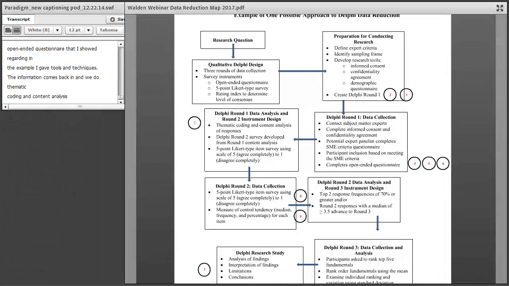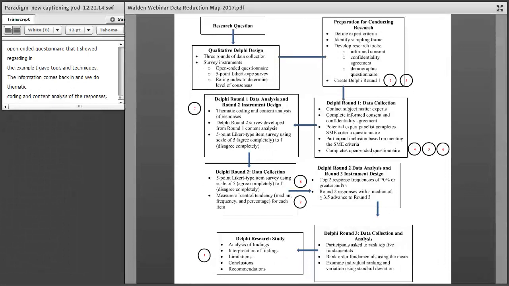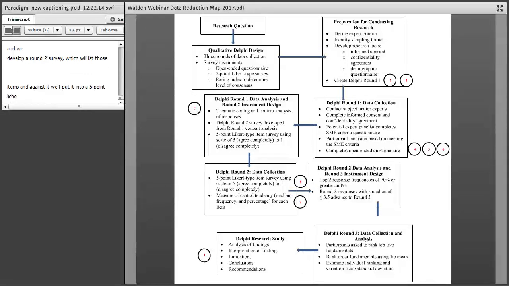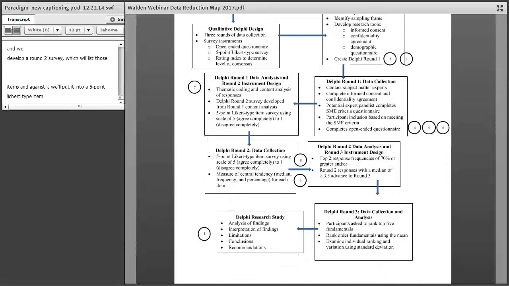and we develop a round 2 survey, which will list those items, and we'll put it into a 5-point Likert type item or survey format, and we will again push that out electronically through our survey platform, and we will ask our participants to rate. And the key word here, sometimes students get confused and they'll say rank when they're really asking the participant to rate.